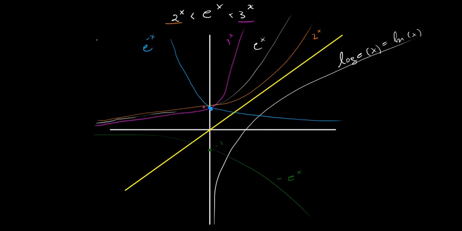And as before, all these functions, 2 to the x, e to the x, 3 to the x, and minus e to the x, have a horizontal asymptote at y equals 0.